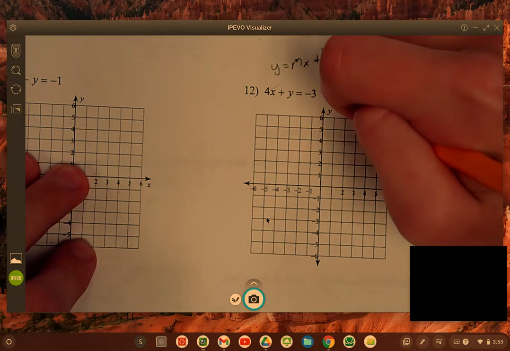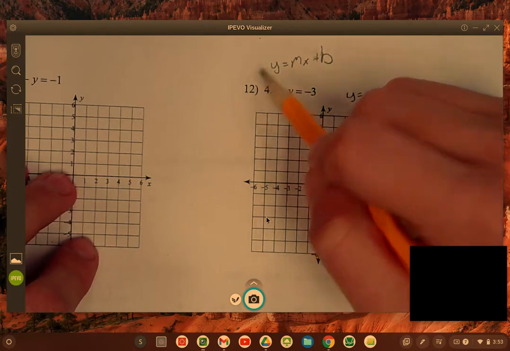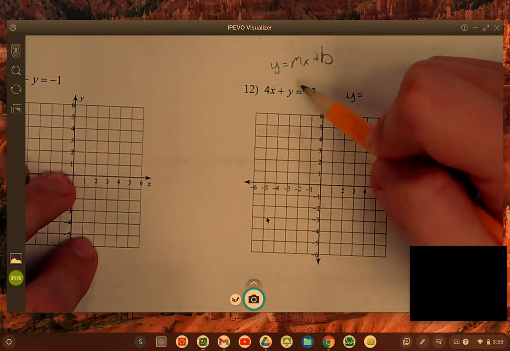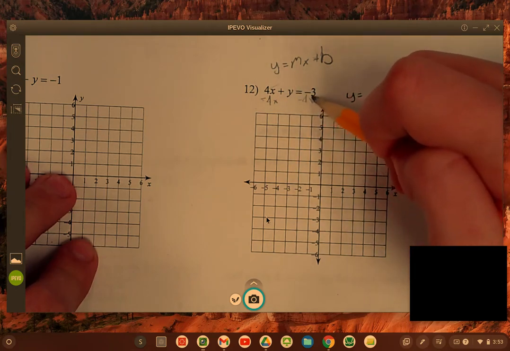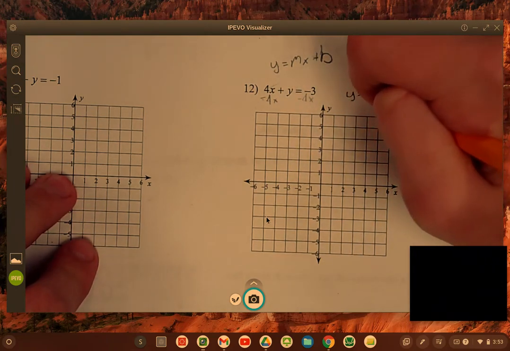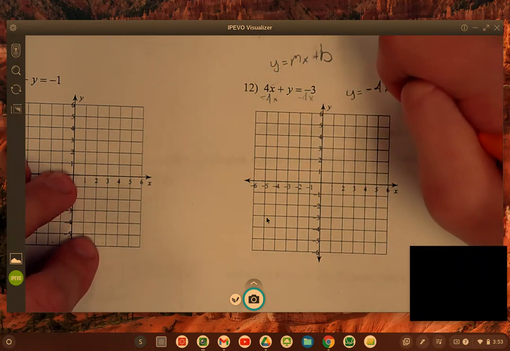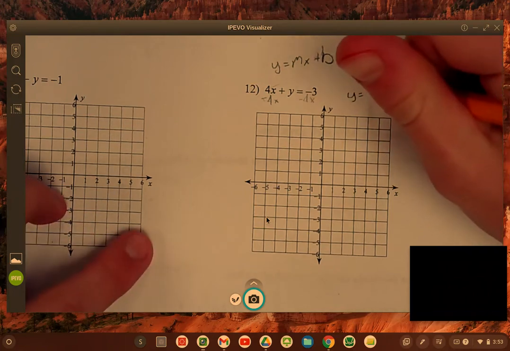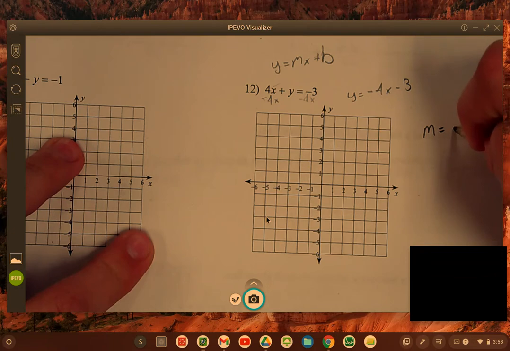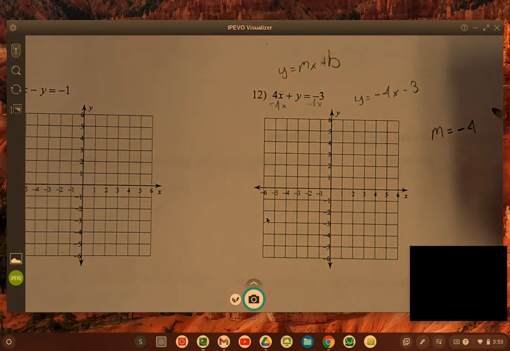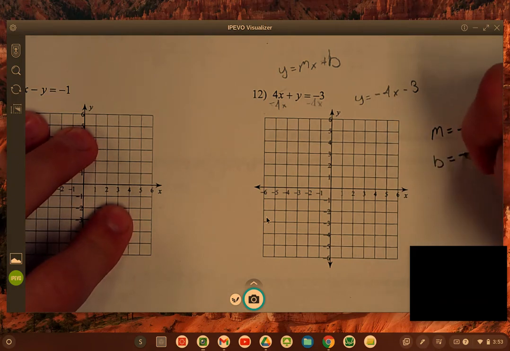So you have to... y equals, and we're going to move this 4x to the other side, so we go negative 4x on both sides. It's going to be negative 4x, and then this 3 is negative, so it's minus 3, and then we can plug that in. So m, which is our slope, equals negative 4, and 3 would be our b, so negative 3.